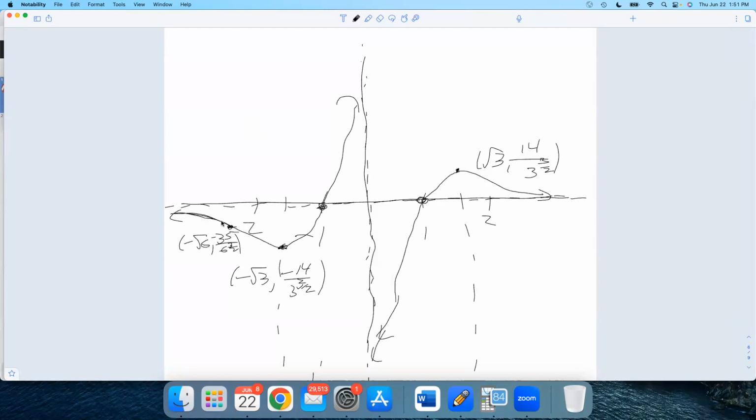So that's where I switch from concave down to concave up. So I kind of want to try to draw that on the graph. See, this part looks like an upside down bowl. This part looks like a right side up bowl. And then same thing over here. See, we can kind of already see it. Look, it looks like an upside down bowl right there, concave down. And then this part looks concave up.